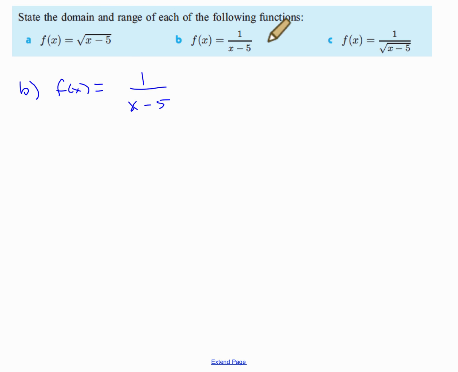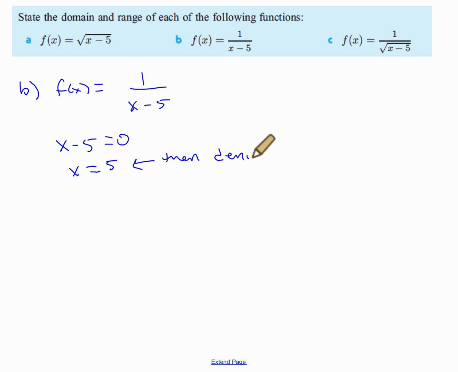And for a rational function, we want to know when the denominator is going to be equal to 0, because that cannot be, because we cannot divide by 0. So I'm going to set the denominator equal to 0 and solve, and I know that you know that the answer would be 5.